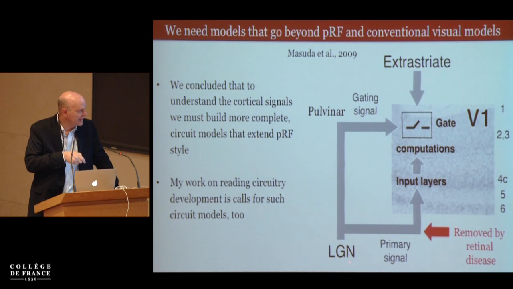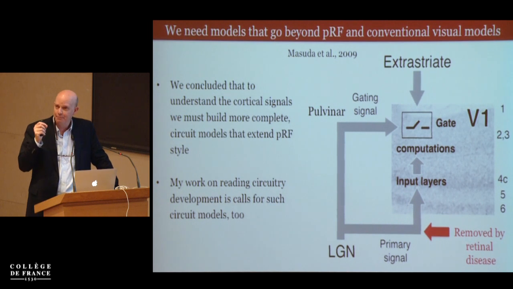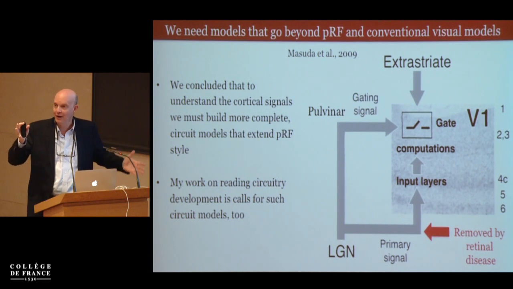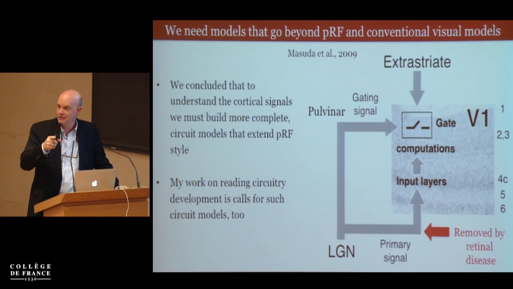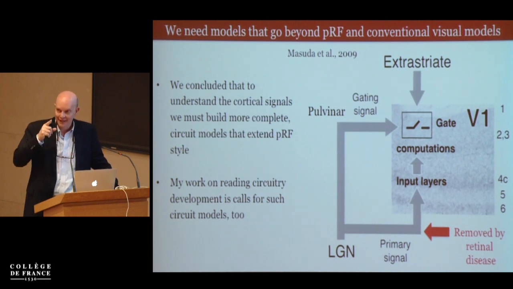And our thinking is that when this primary signal over here is removed because of a retinal lesion, when there's no signal, we actually think of that as not being no signal, but being, no, that's a value of 0. I'm not telling you that I don't know. I'm telling you that's 0. There's a different thing. Is that okay? It's not that there's no signal.